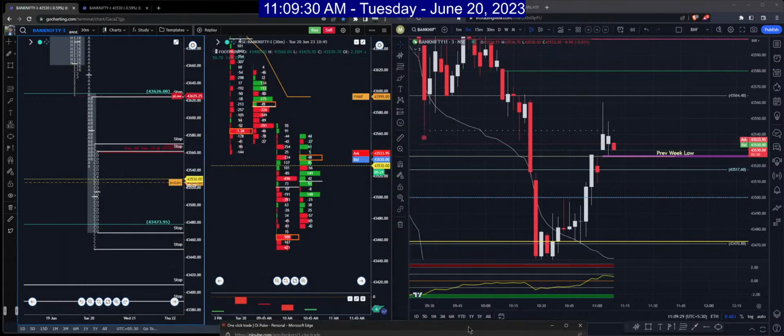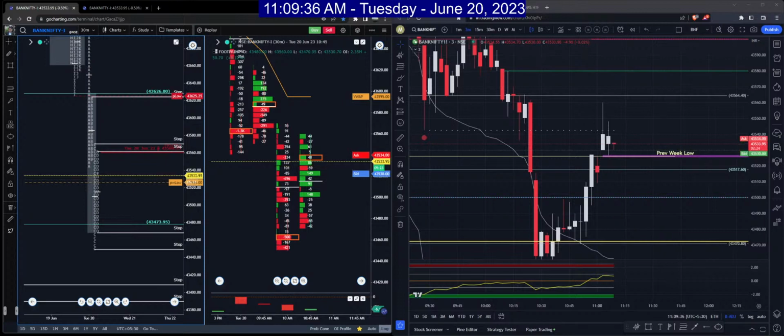Okay, that's fine. So I've again entered a long trade. Again, the buy price is 433.65. 433.95 was the previous buying price.